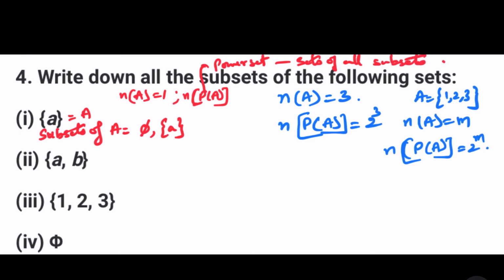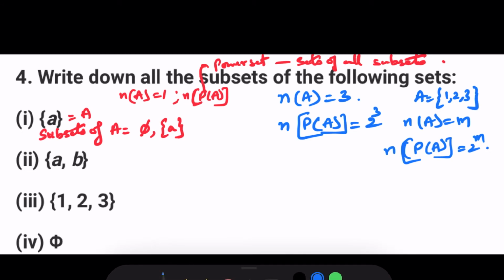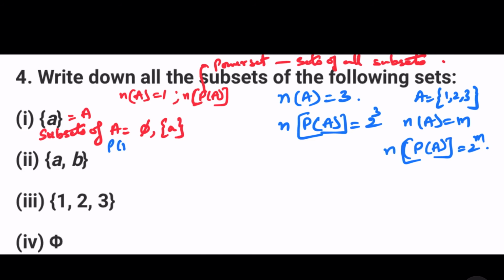So you can write P(A), here I am writing in blue color, is equal to the set of all subsets: {empty set, A}. This is said to be the power set. How many elements are there in this? 2. But the number of elements in A is 1. So how did we get the number of elements in this? You know the formula I told you: n(A) is equal to m means n of the power set of A is equal to 2 to the power of m.